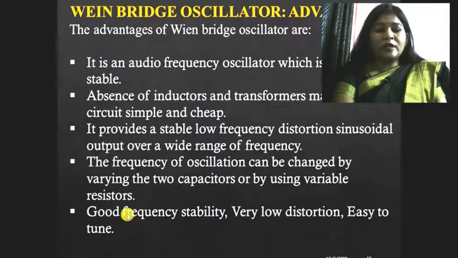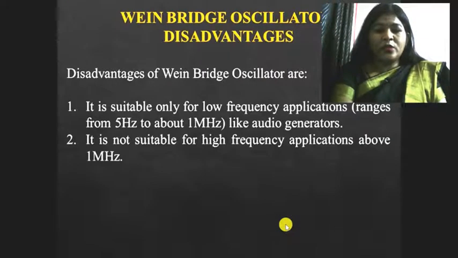The next one is good frequency stability. This oscillator provides good frequency stability, very low distortion, and is easy to tune. So these are the advantages of the Wien bridge oscillator.